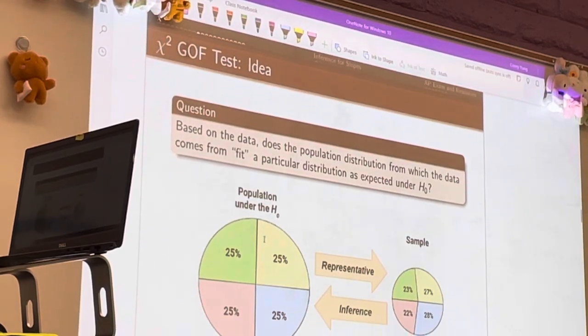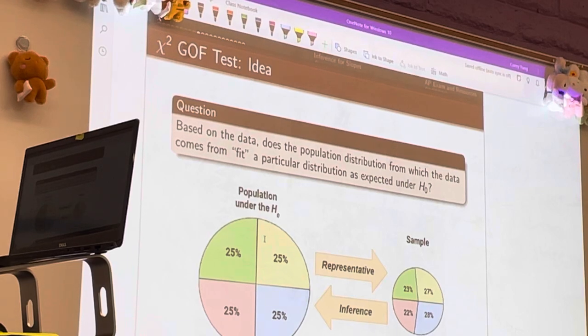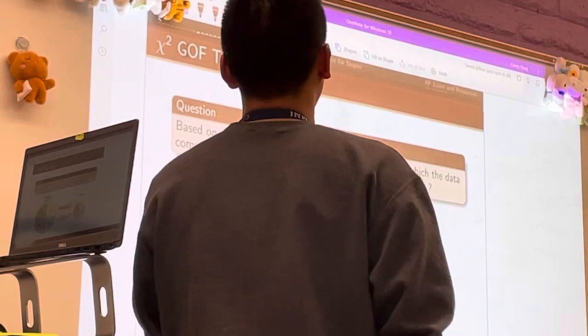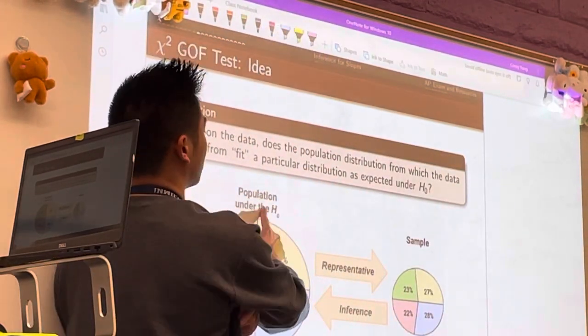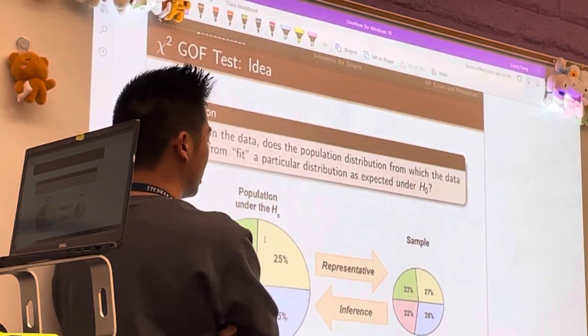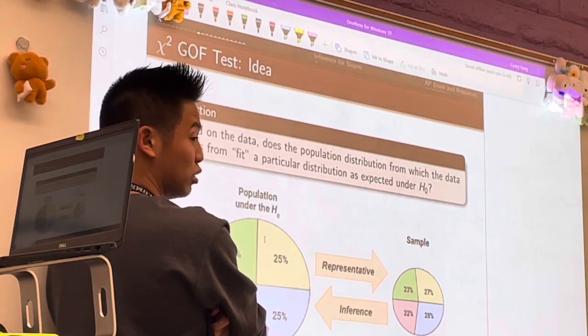So, going to our first chi-square test. The first one is called chi-square goodness of fit, GOF for short. That's what GOF stands for. The question that we're posing is that under the null hypothesis, I'm going to say that the population has a particular distribution.